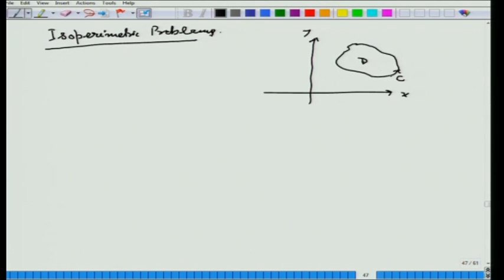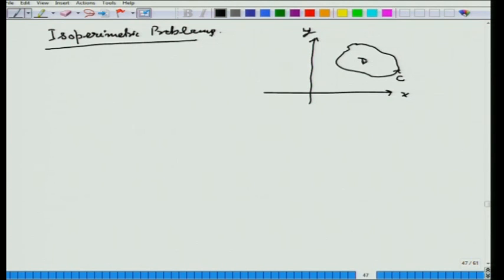We know the answer is a disk; D has to be a disk. So, this C has to be a circle and D has to be the inside area of that. That is the answer which we will be getting when we have sufficient tools to study these problems. So, here how would you pose this?